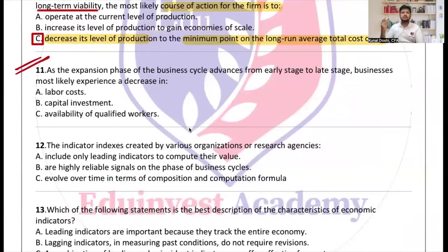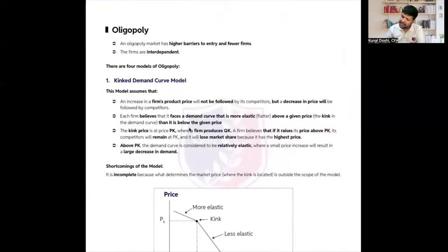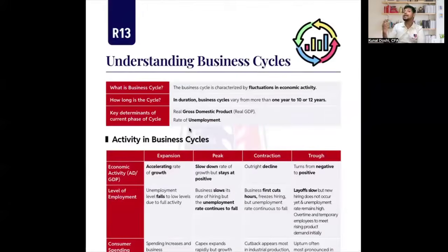This was basically from the first topic where you were mostly asked about firm and market structure, right? Then we go to the second topic, which is very important, that is business cycle. In business cycle, most of the discussion is related to the indicators.